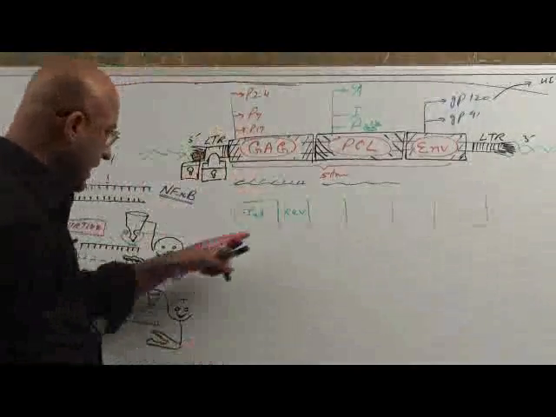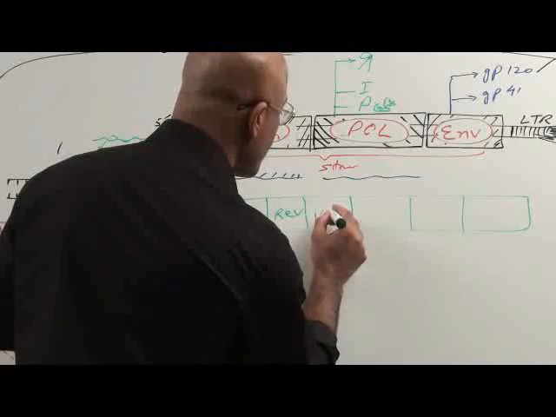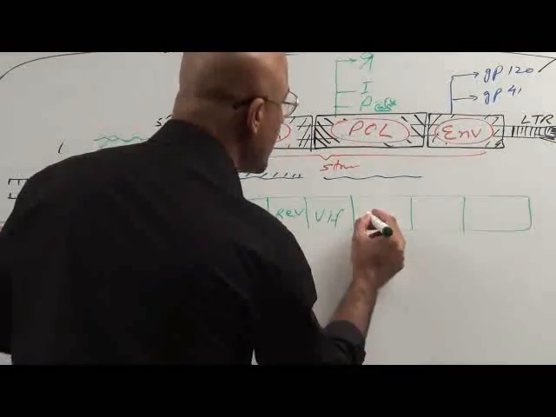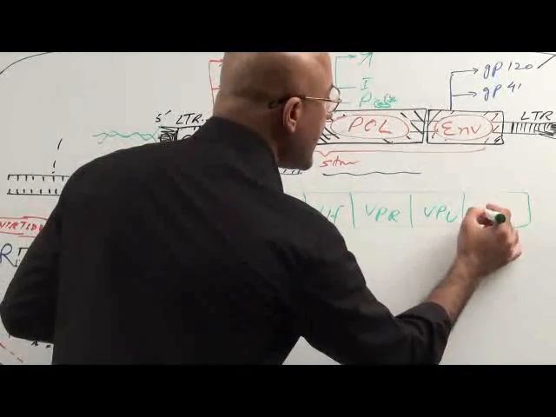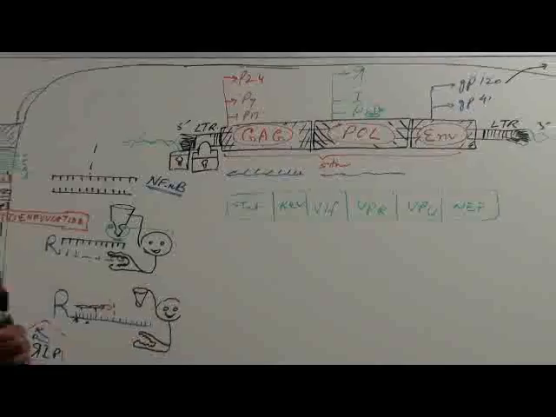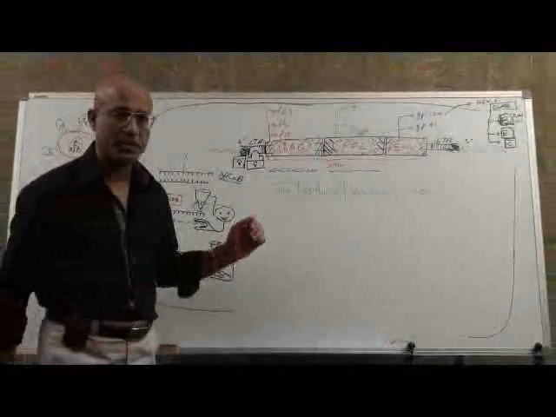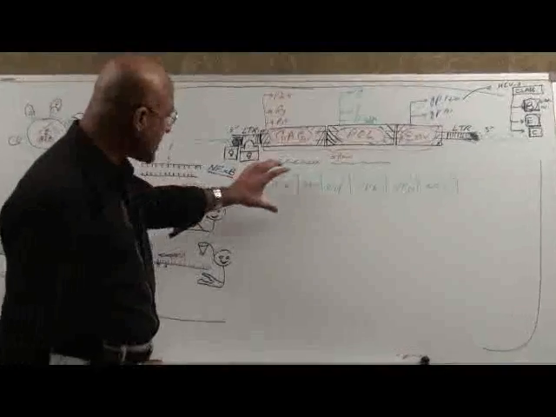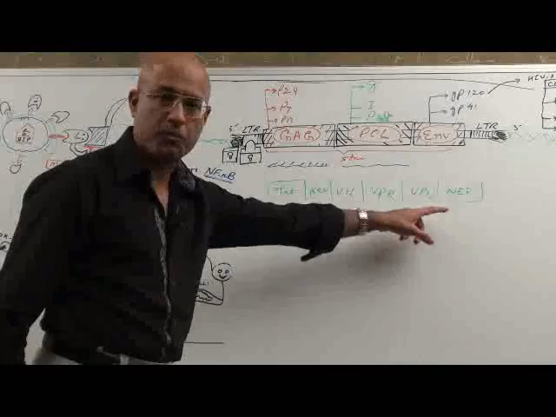Yes, there are 6: TAT, REV, and then there is VIF. I will tell you exactly what these things are. And then VPR, VPU, and NEF. Right now it looks like a bit of a burden on your mind. I hope it's also a burden for the virus to remember these things. Anyway, when it shifts the reading frames, it makes 6 types of different proteins.